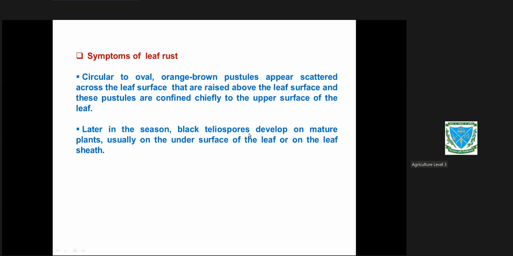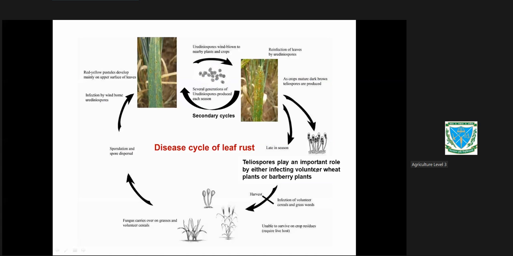Why? Because in the later stage of the infection, this Puccinia triticina produces teliospore. Due to production of teliospore on the lesion or pustules, these pustules turn black in color. Usually you can see this type of pustule on the leaf sheath and under surface of the leaf.